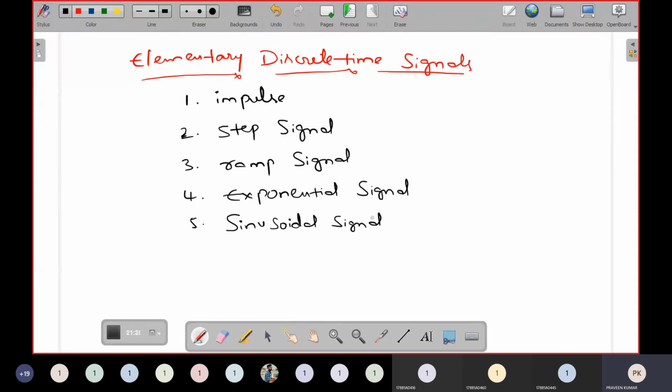Okay, can any one of you give me the reason why these 5 signals are called the elementary signals? About these 5 signals, already covered in signals and systems. My question is, why are these 5 signals called elementary signals or basic signals?